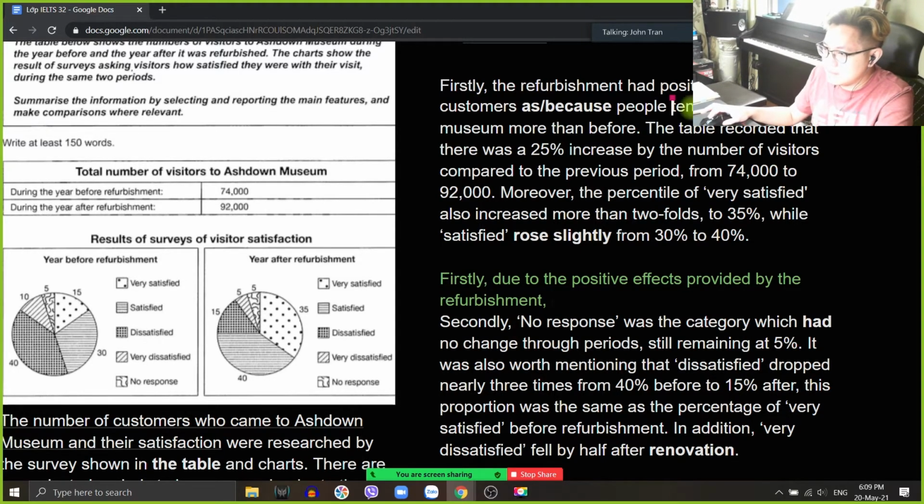So more people tend to visit the museum. You can just say the people tended to visit the museum more than before.